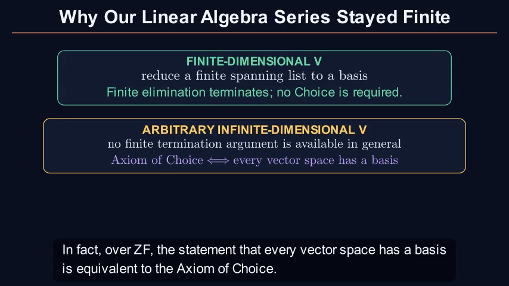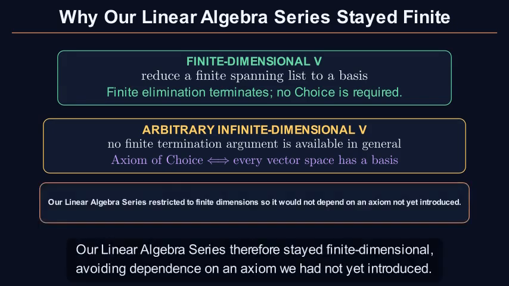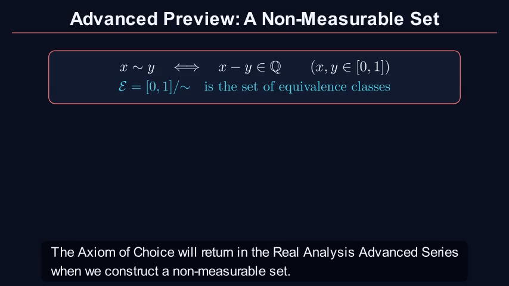In fact, over ZF, the statement that every vector space has a basis is equivalent to the axiom of choice. Our linear algebra series therefore stayed finite-dimensional, avoiding dependence on an axiom we had not yet introduced. The axiom of choice will return in the real analysis advanced series when we construct a non-measurable set.